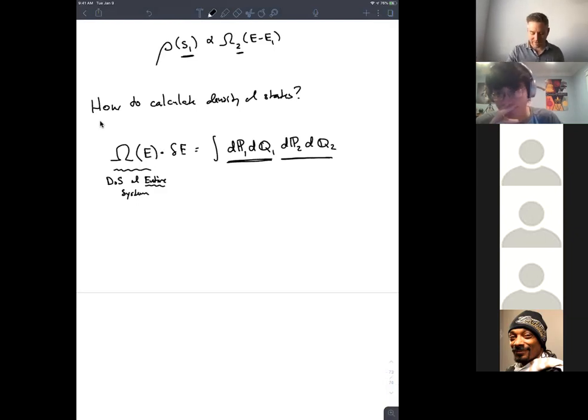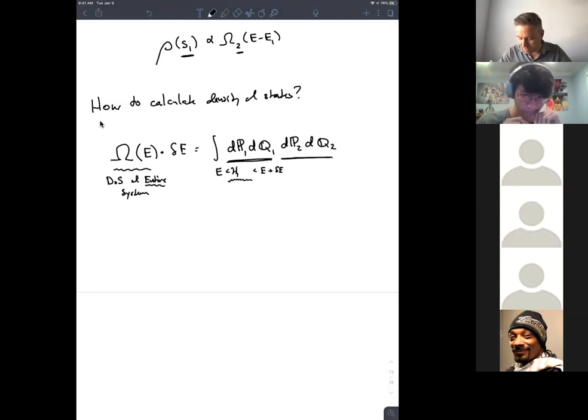The limits on our integral are from whatever fixed energy we're interested in up to that fixed energy plus some infinitesimal amount. Our Hamiltonian is now the sum of two Hamiltonians: the Hamiltonian of subsystem 1 plus the Hamiltonian of subsystem 2. Everybody's with me so far, I hope?